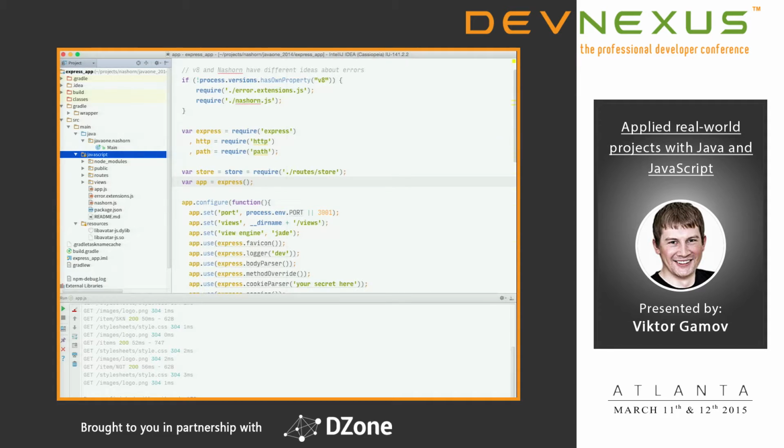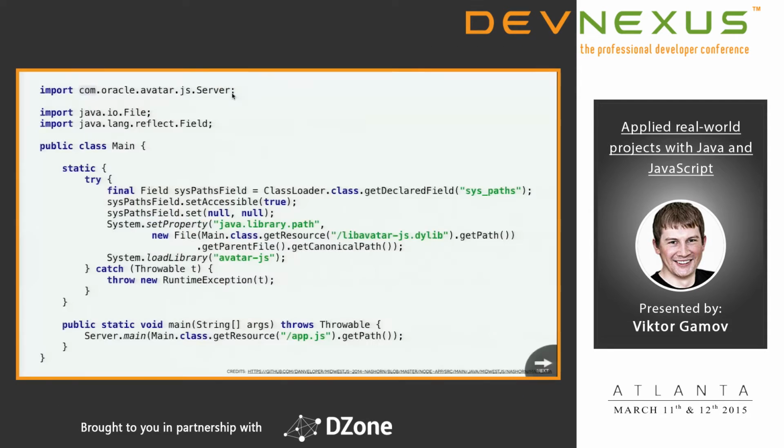Also, let's return to the Java part. There are a couple of things that I personally don't like, which we will talk about later. The Avatar itself was a very good project, but it was very poorly managed, I would say, from the Oracle perspective.